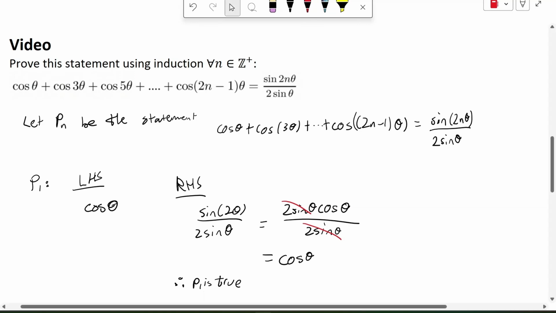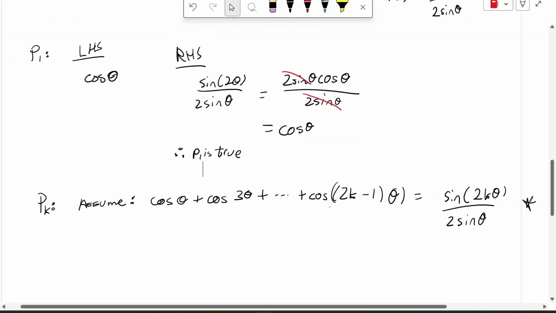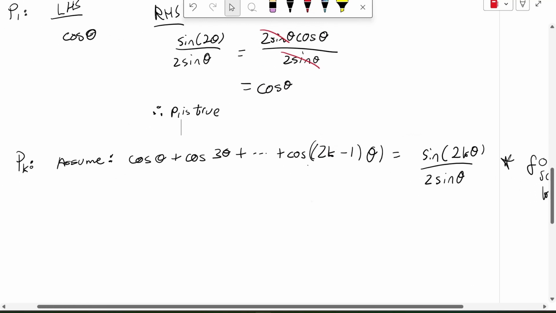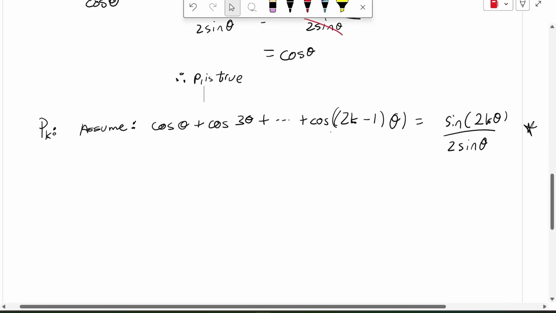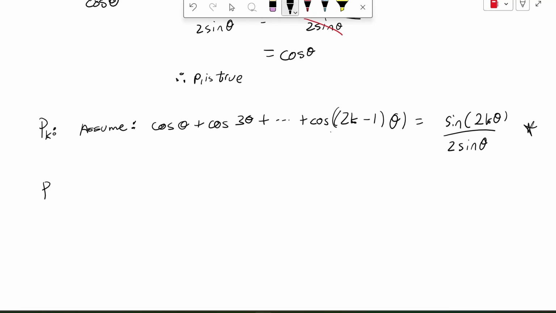Wonderful. Okay, now we're going to assume that that is true. That's the Pk step for some k in the integers. That's exactly the same as the initial statement, just replacing n with k. Now let's look at our Pk plus 1 step. On the left-hand side, we're going to have that big sum. So it's cos of theta, cos of 3 theta, goes all the way up to cos of 2k take 1 theta.